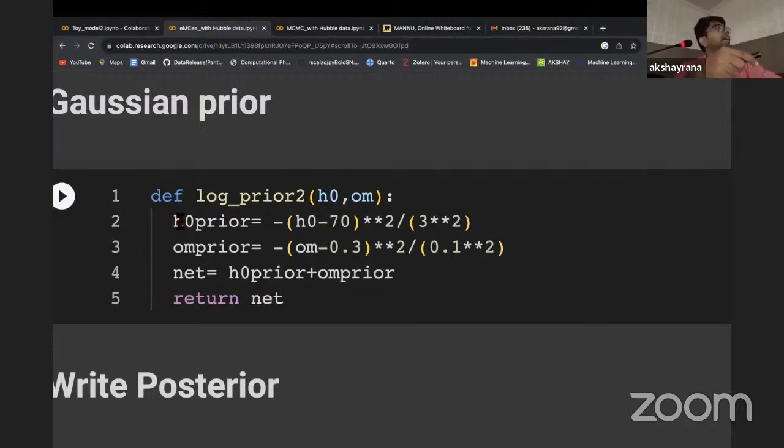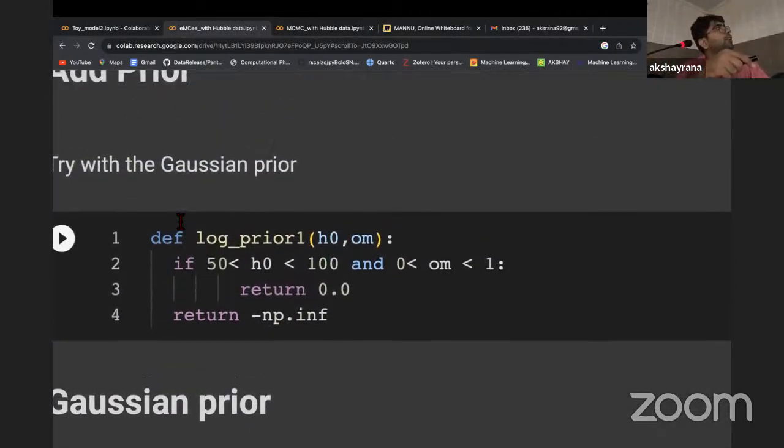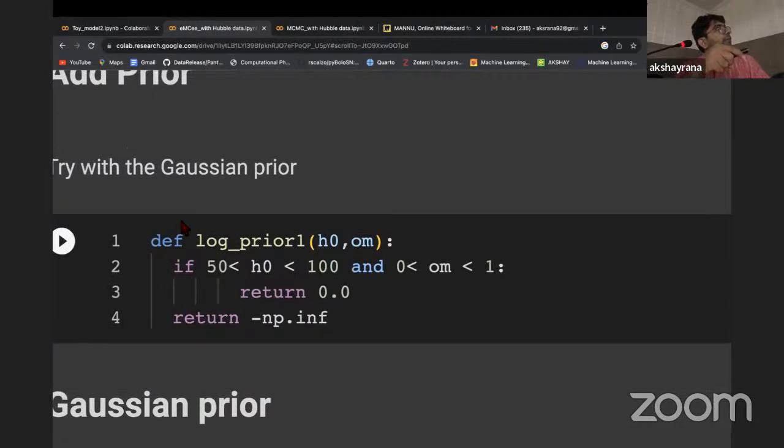I'm giving that freedom, but the probability is very minimal. One random point might come, but if I'm dealing with 10 to the power 6 points, it will not change my statistics. So in the Gaussian prior you are giving the complete minus infinity to plus infinity space, while in the uniform prior you are restricting your parameters to this range only.